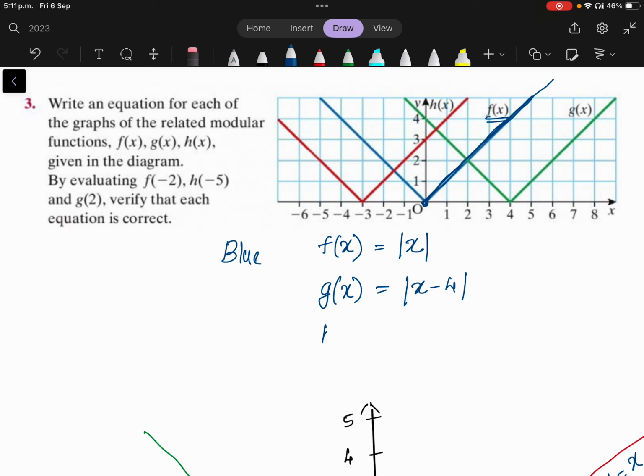And what will be h of x? h of x is minus 3, so it is x plus 3. And since it is the reflection, it is modulus of x plus 3. Okay, I hope you got it. And they're asking you to verify it also. Verifying it means just putting the value of x into these three equations and seeing whether the y value is correct or not. Okay, thank you.